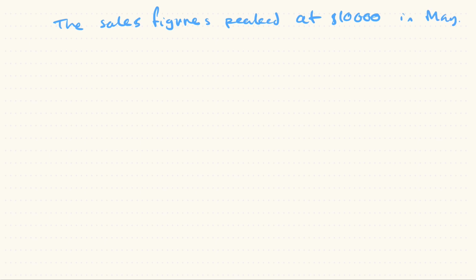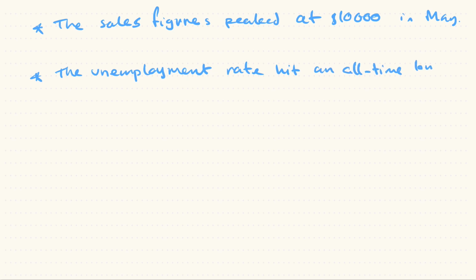So this is one example. Another example, on the other side, the minimum: you can say the unemployment rate hit an all-time low of 5% in 2020.